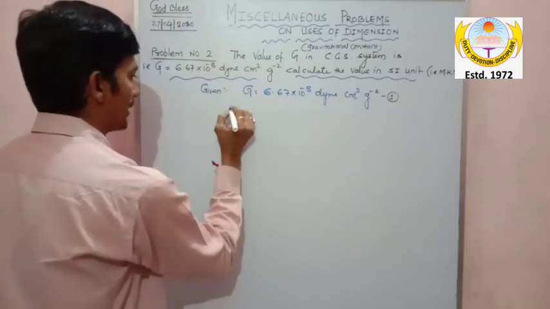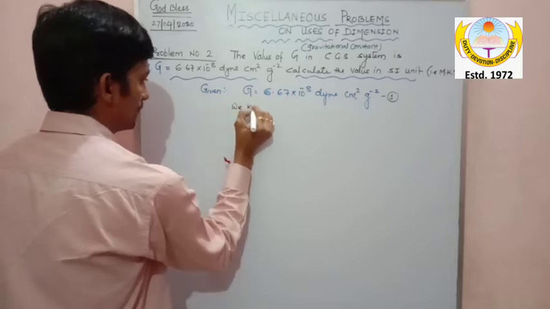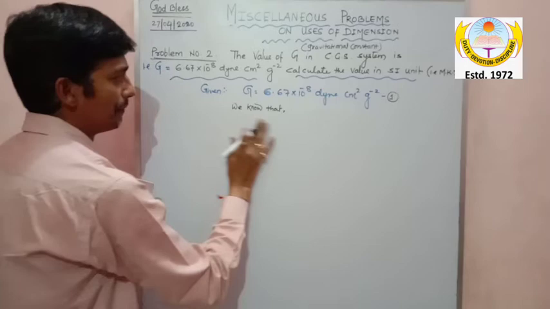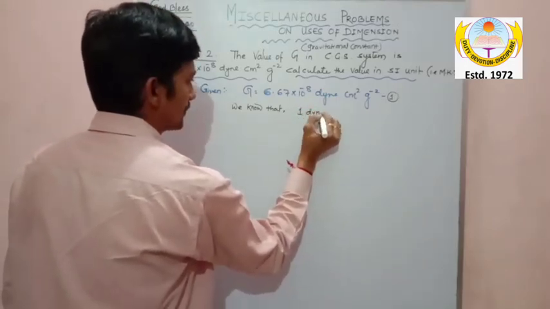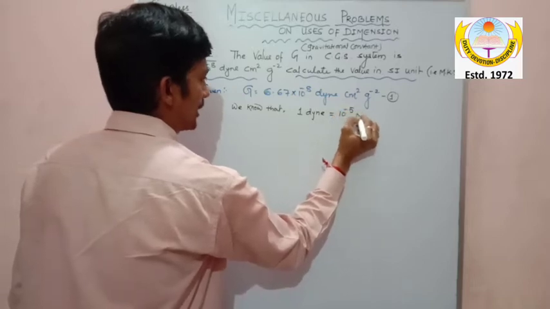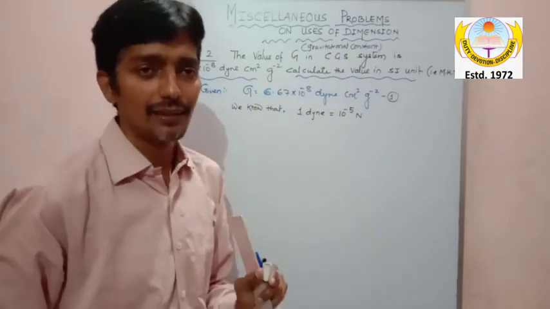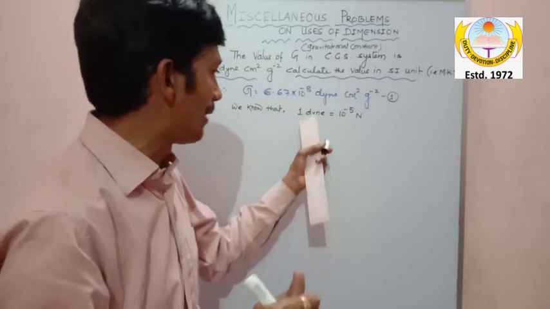Now you write here, since we know that 1 dyne is equal to 10 to the power minus 5 Newton. Everybody has done the basics: 1 joule is 10 power 7 erg, 1 Newton is 10 power 5 dyne.